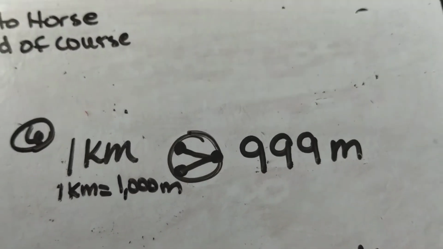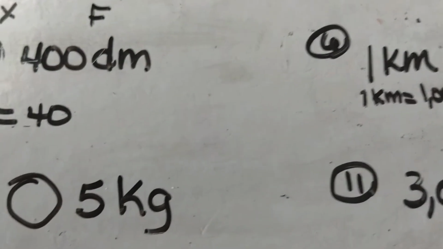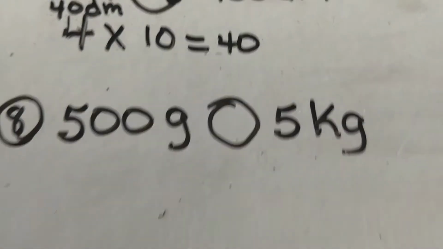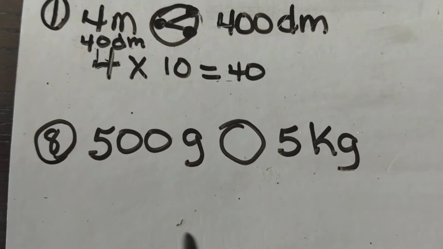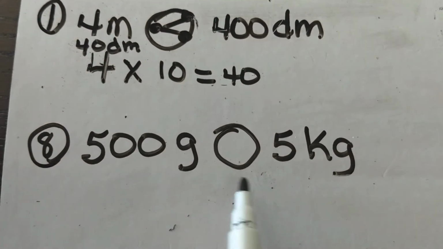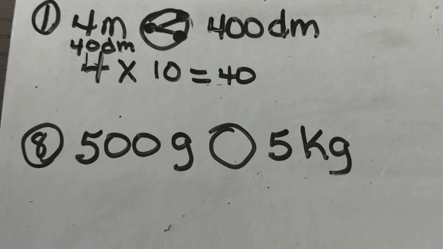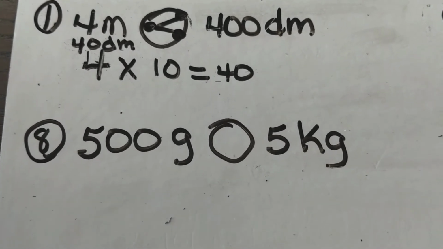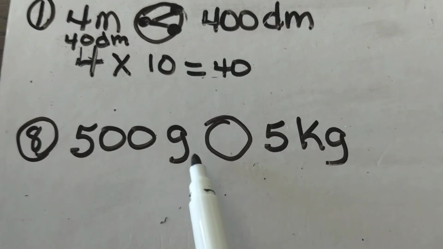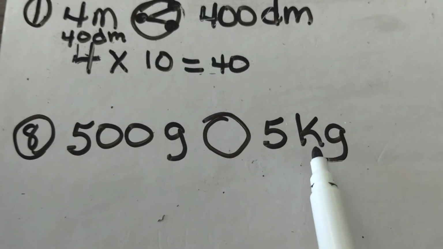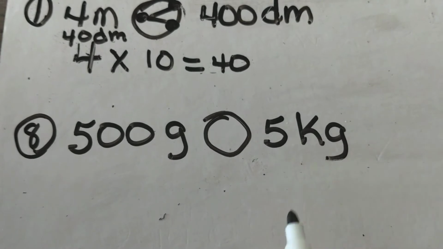Pretty simple. All right, now let's move on down to number 8. And this is problem number 8. We're comparing 500 grams to 5 kilograms. It's no use doing horse to fly, fly to horse. Well, of course, it's going to be fly to horse, divide, but we don't need to do that.